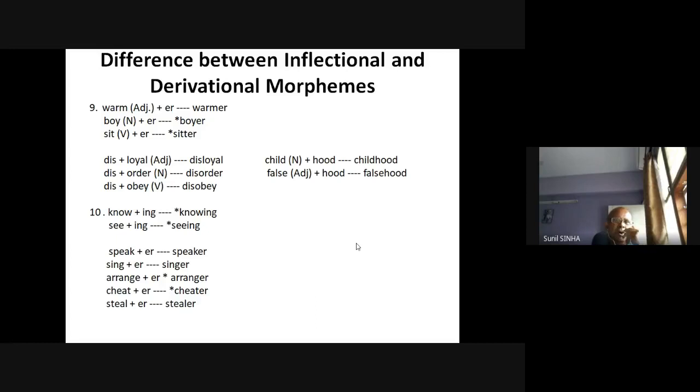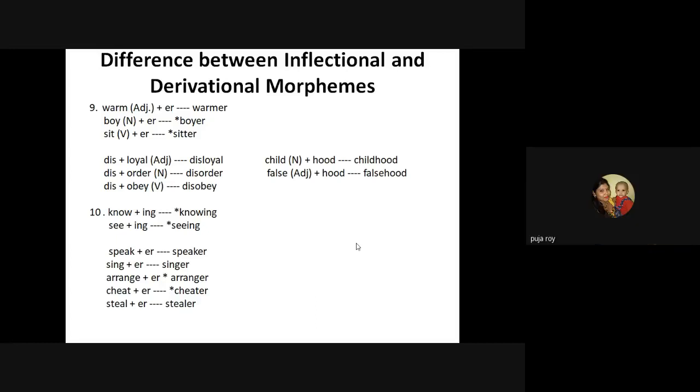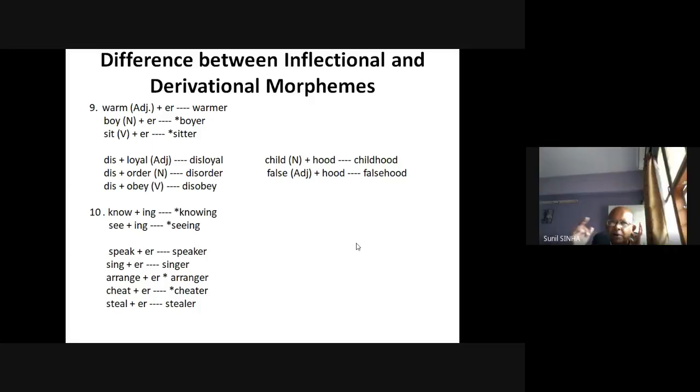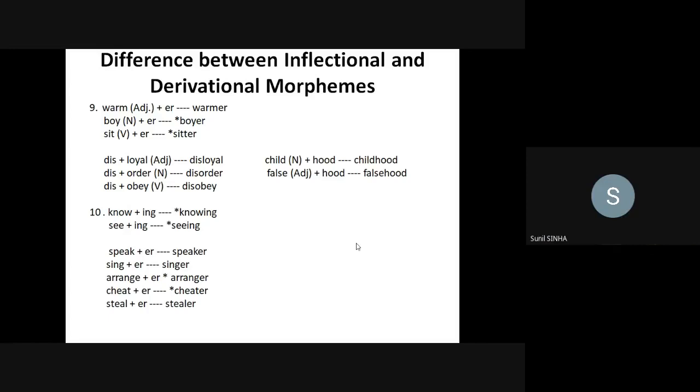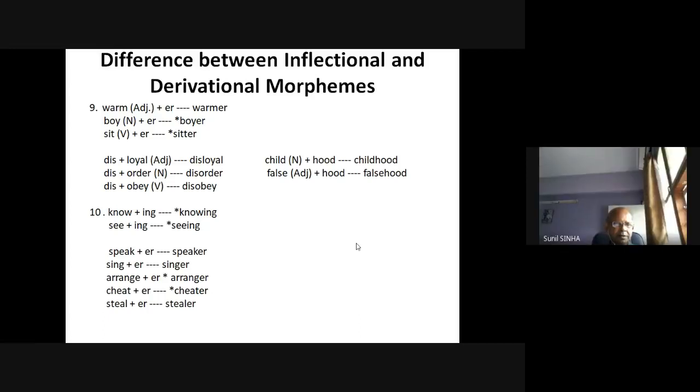Can't hear you properly. Point number 10, the differences between inflectional and derivational morphemes. There is a problem with the network. Yes, sir. The last 10th point, sir. No, I can't hear you. Yes?